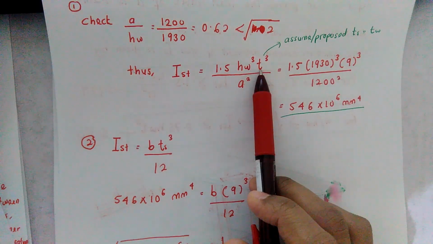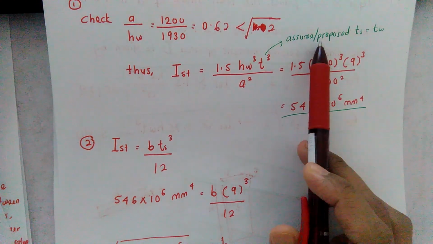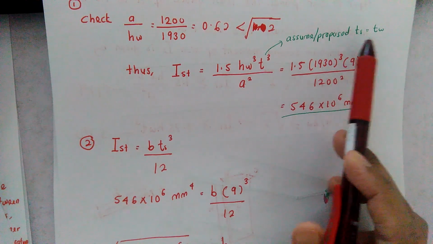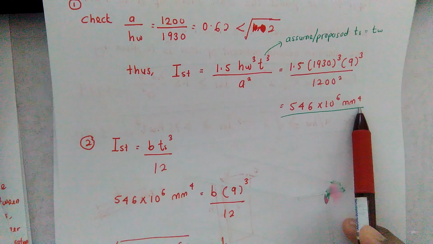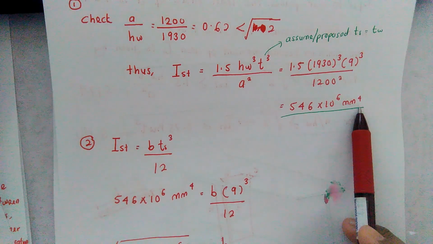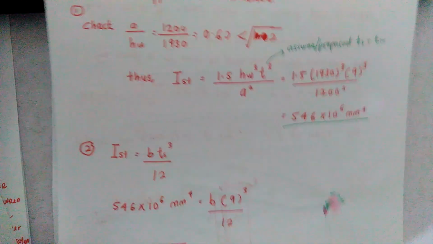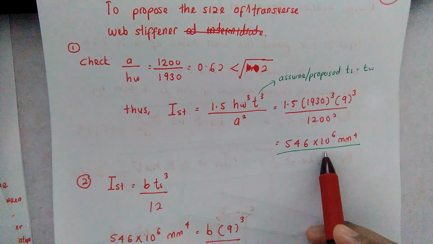For T of the stiffener, again I highlight, you propose it to be similar to the thickness of the web. Then finally you get the value for IST, 546 times 10 to the power of 6. So now you already have the value for the second moment of area for the stiffener.